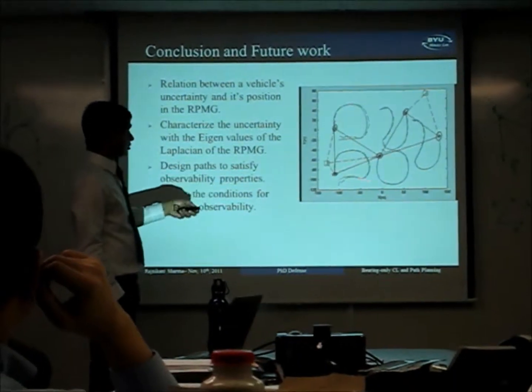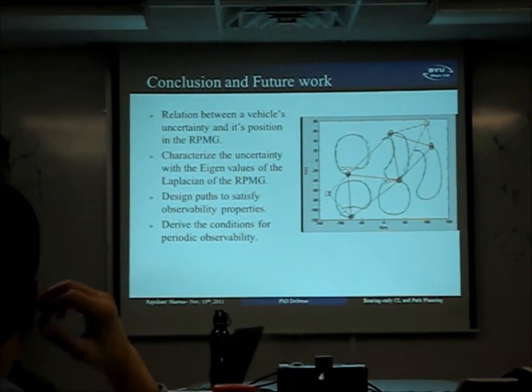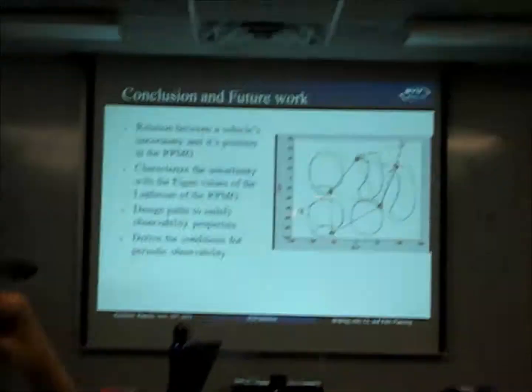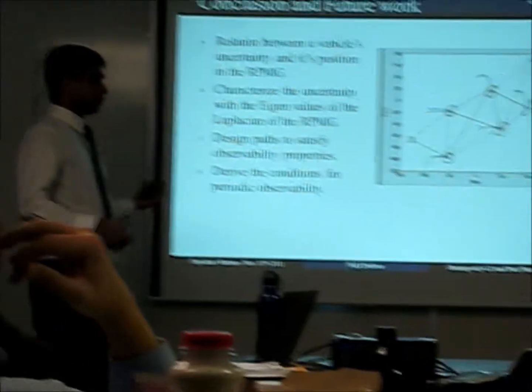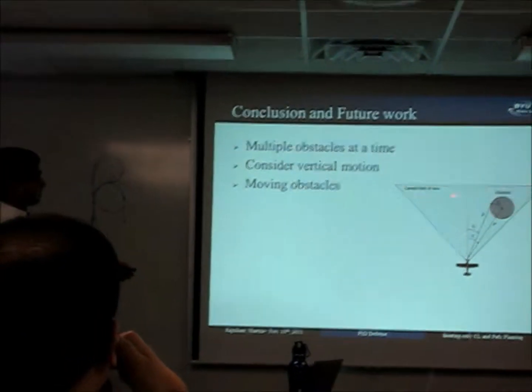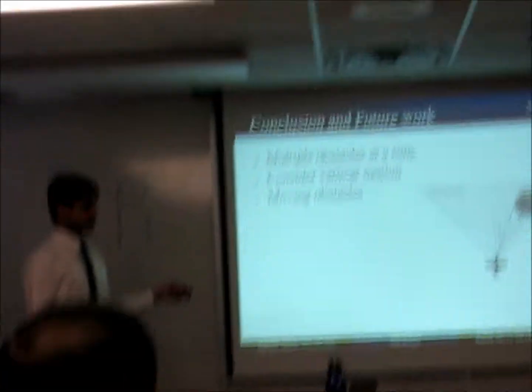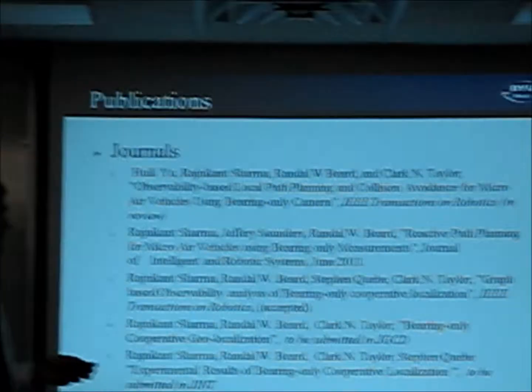So how can we use those eigenvalues to characterize the uncertainty? Third, we'll have these conditions now, and we can use them for path planning, exploring how this technique can be used for moving obstacles in dynamic environments.